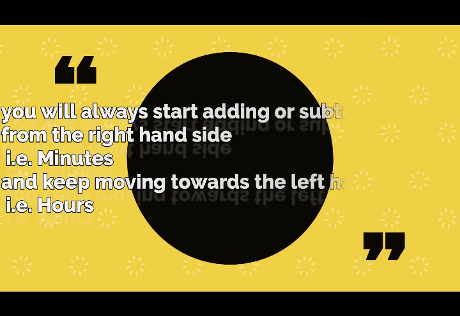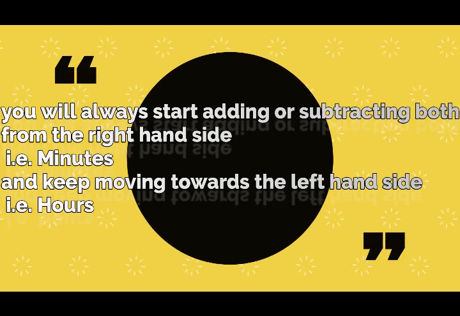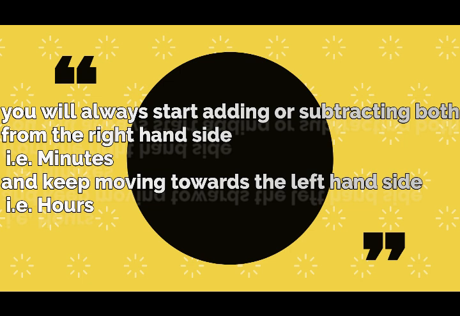This is very important. Do not forget this. Whether it's addition or subtraction, you will always start from the right hand side, that is the minute side, and keep moving to the left hand side, that is the hour side.